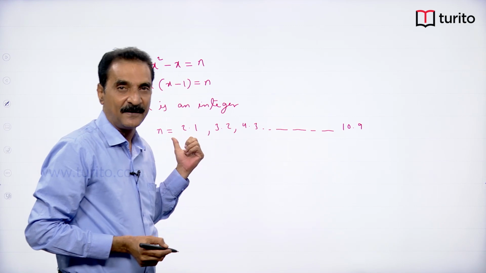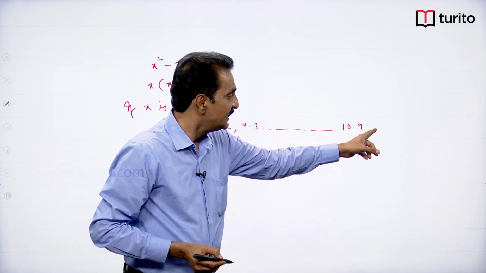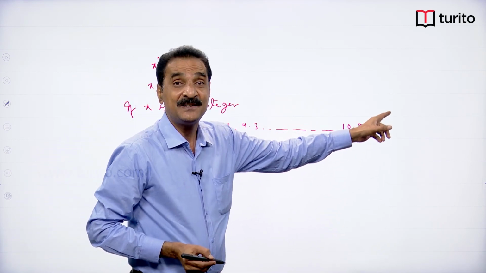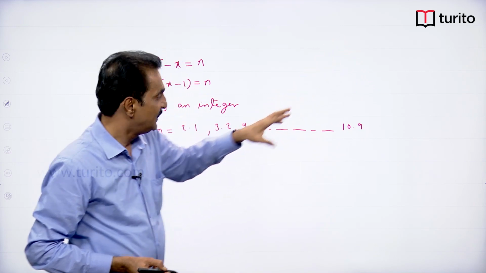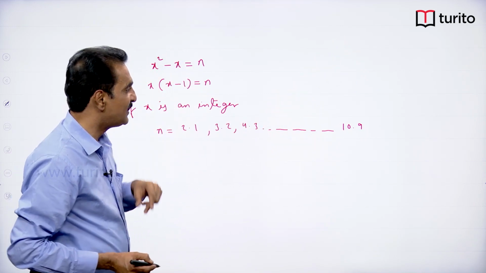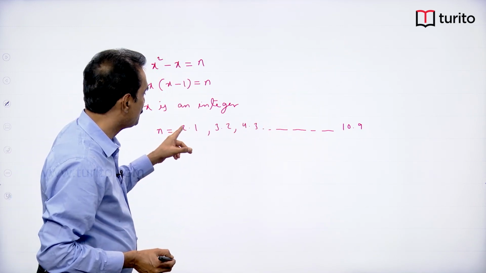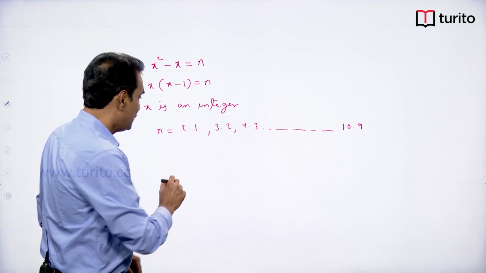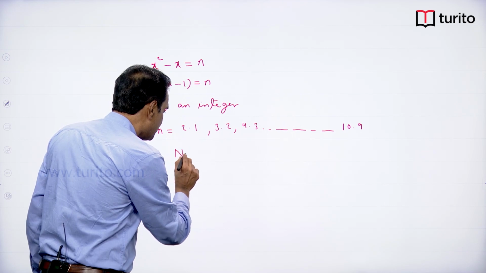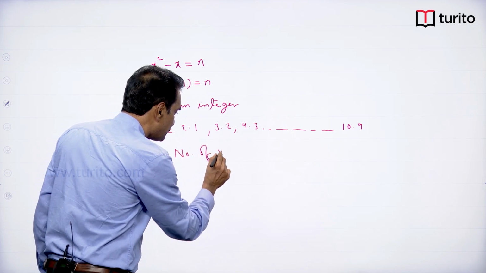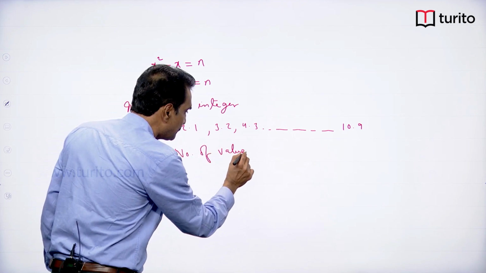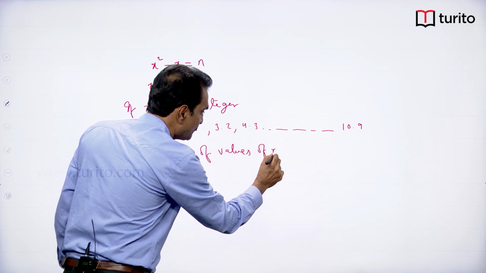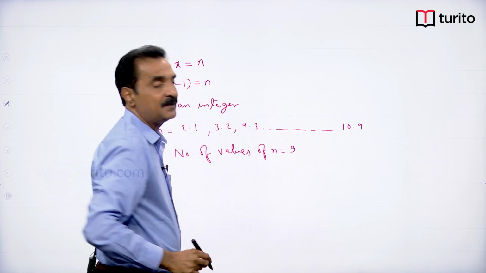That is the last value of n. If you go further, it becomes 11 into 10, 110, it is exceeding 100. So how many values of n are there? Starting from 2 into 1 to 10 into 9, 9 values are there. Number of values of n is equal to 9. Okay.